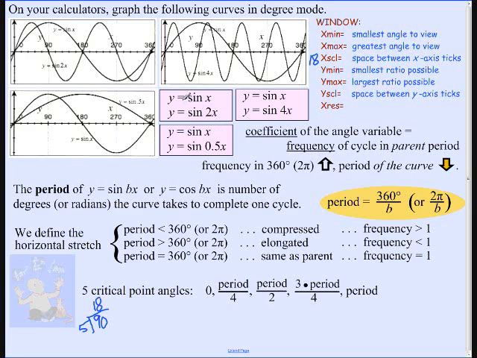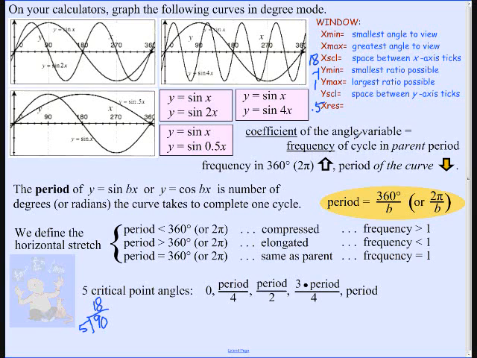So we actually don't have any amplitude changes here, do we? All of these have an amplitude of 1. And the space between the y-axis ticks, well, what they're showing here is 0.5. So we're going from -1 to +1.